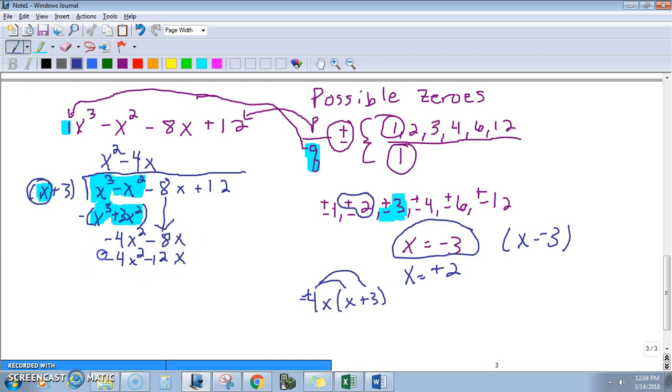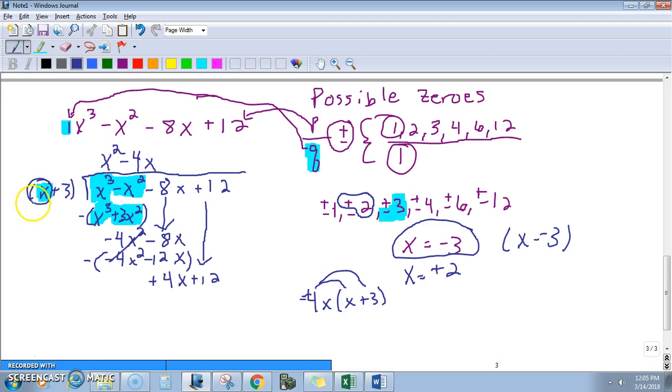Okay, and then I'm going to subtract this whole thing. So negative 4x squared minus negative 4x squared is 0. And negative 8x minus negative 12x is positive 4x, because minus a negative is positive. And then I bring down the positive 12.